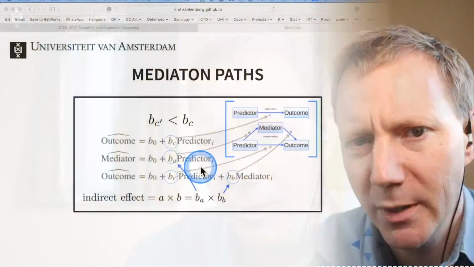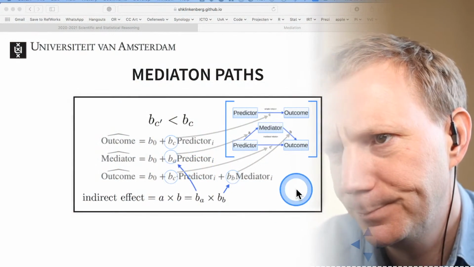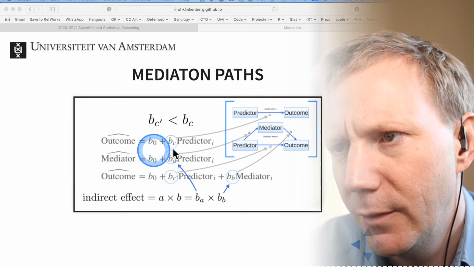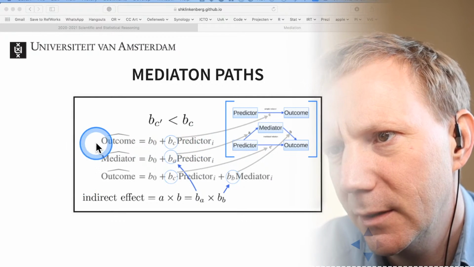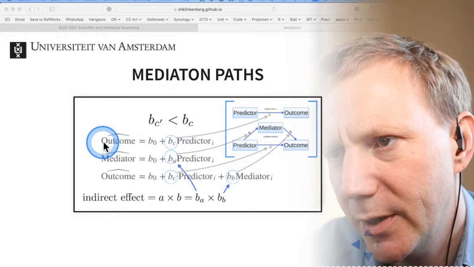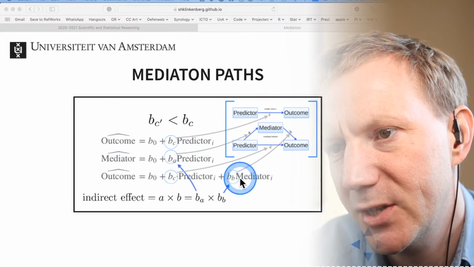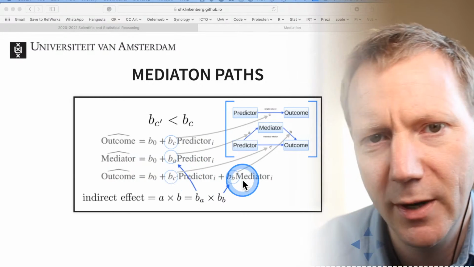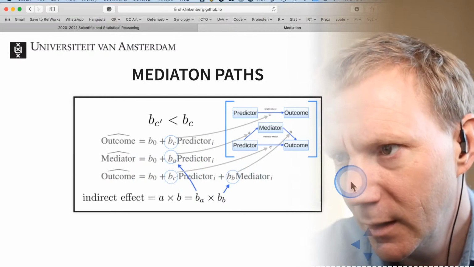So what I'm going to try to do is plot the first one, the relation between the predictor and the outcome, and then the multiple regression with both the predictor and the mediator in here.